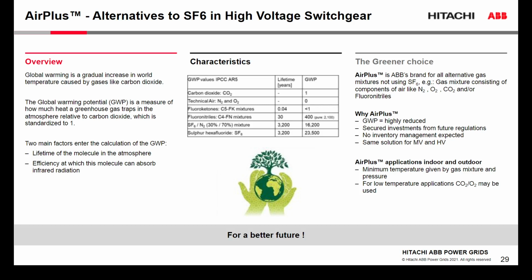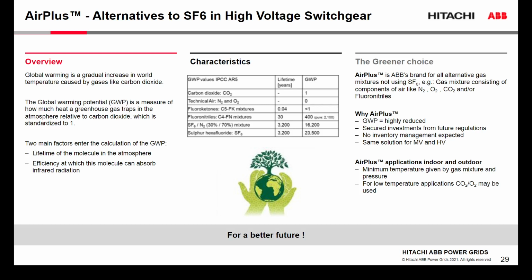One of the gas mixtures used is, for example, AirPlus, which typically uses components like N2, O2, CO2, and fluor nitriles, fluor ketones as additives in that mixture.